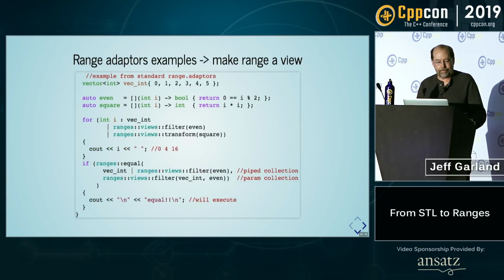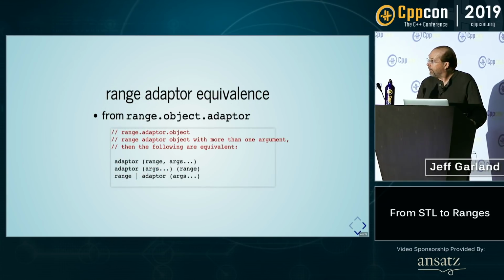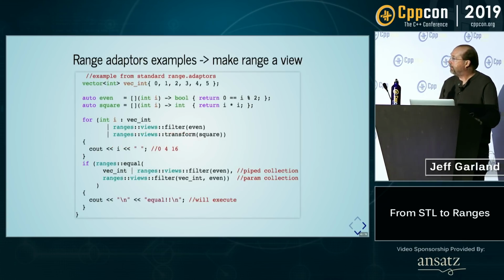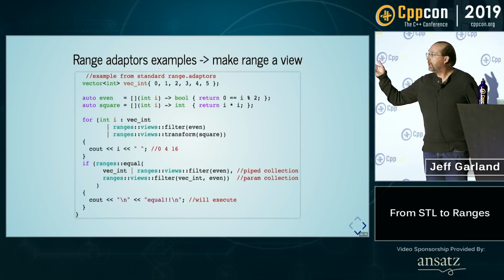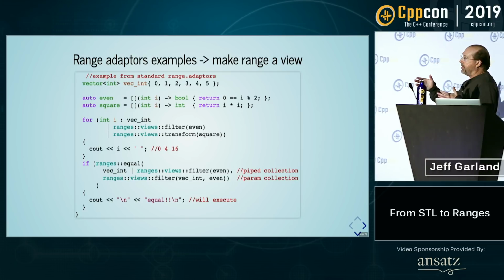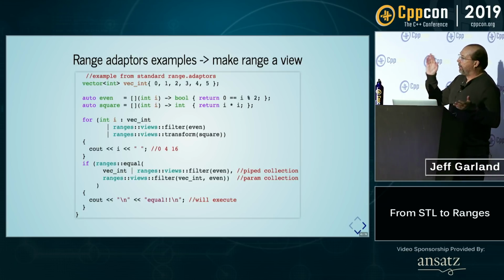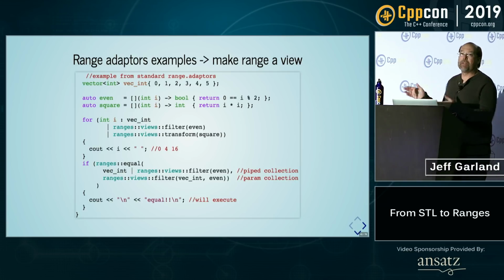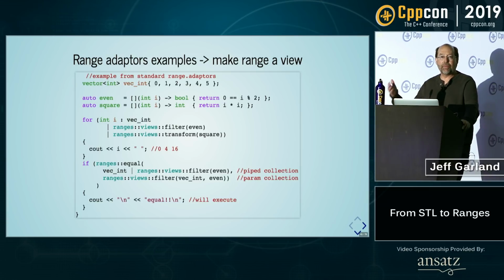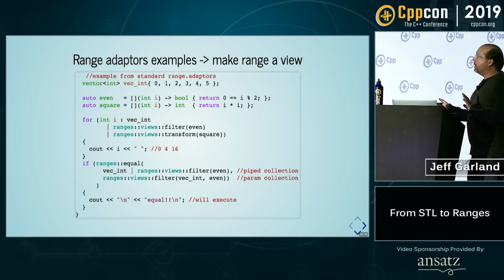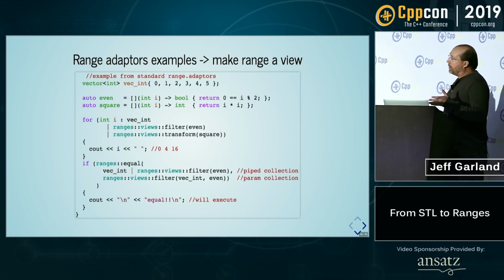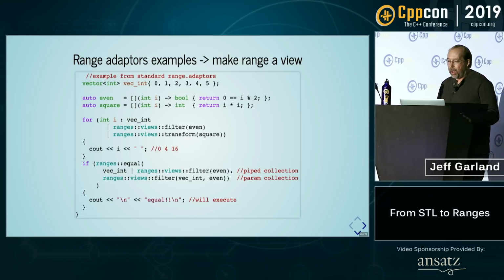So, it's this in code. And indeed, if you run this code, you will find out that the two views that are created by the pipe operator versus the construction are exactly the same. So it's two different ways to write that exact same code. And this is one of the flexibilities that the range library is going to give you. There are multiple ways to express what you're attempting to do.